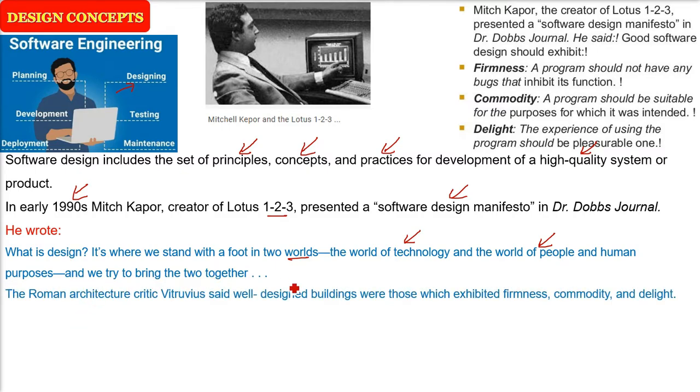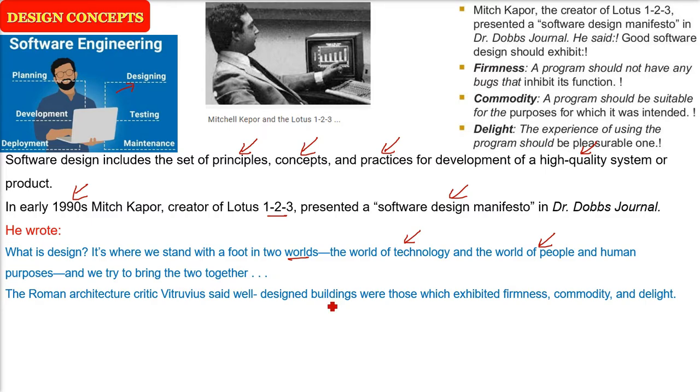He also mentioned that the Roman architecture critic Vitruvius said that in order to say that a building is designed well, or has a good design, that building has to exhibit certain features.